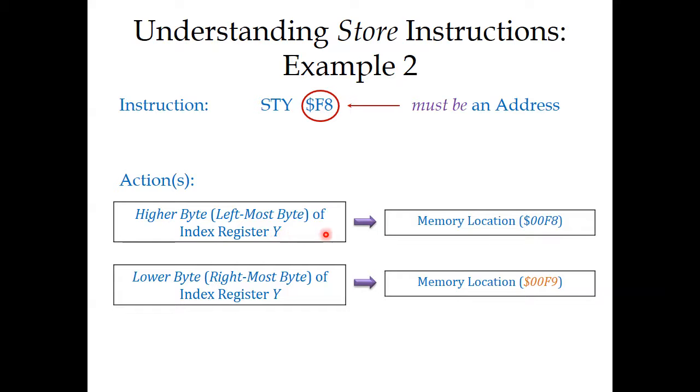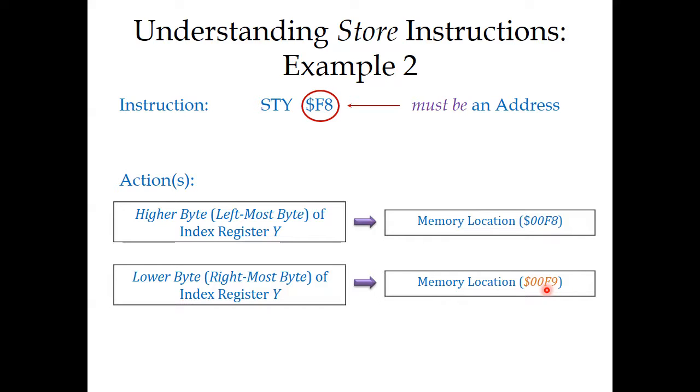So that actually goes to the memory location 00F8, which is given in the instruction, right? And the lower byte, which is the next byte, will actually go to the following memory location, which is 00F9. Now this is something you need to look at here.